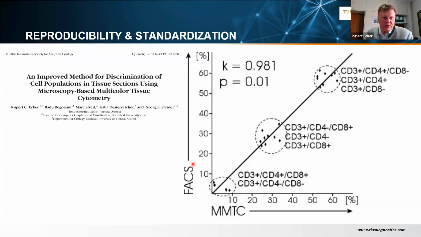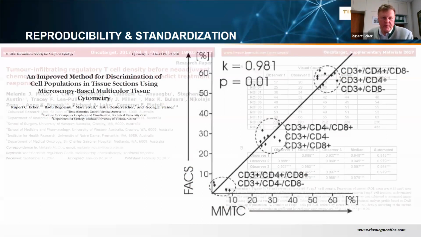The instrument is called TissueFAXS, but the technology is called microscope-based multicolor tissue cytometry, MMTC. We used here peripheral blood leukocytes stained for these markers and analyzed them in a standard Becton-Dickinson flow cytometer versus our method. And you see the results obtained by both instruments show a very good correlation coefficient.